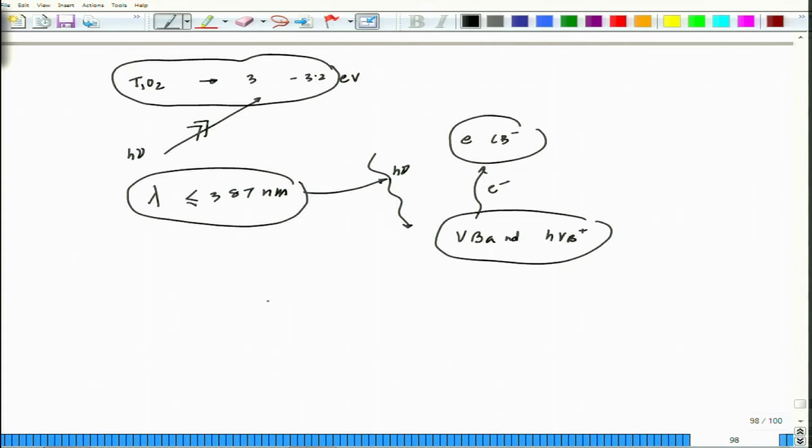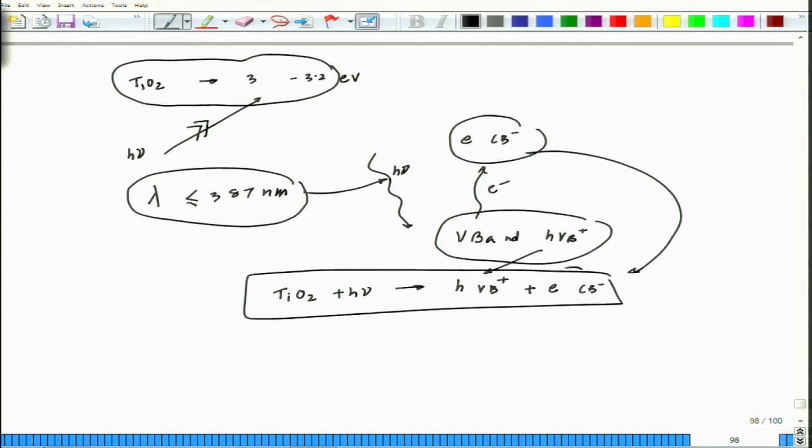So now we have TiO2 plus h nu generating an h_VB, this is the valence band hole, plus an electron e_CB.